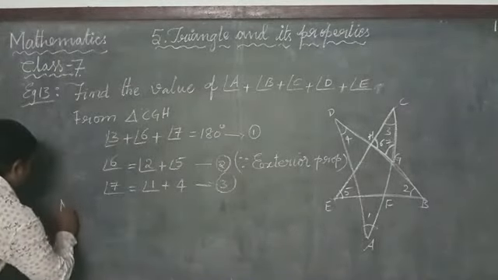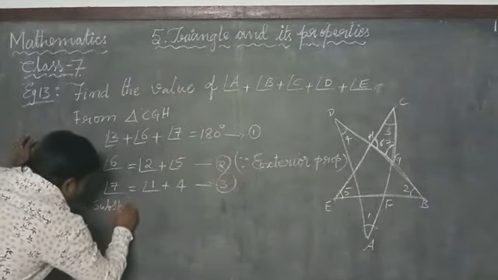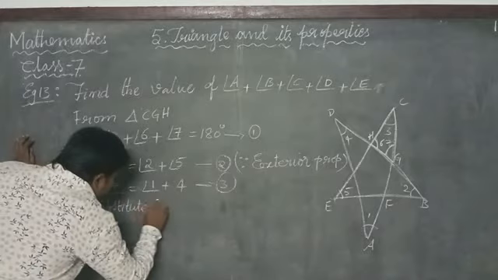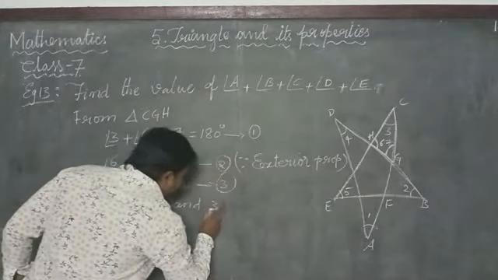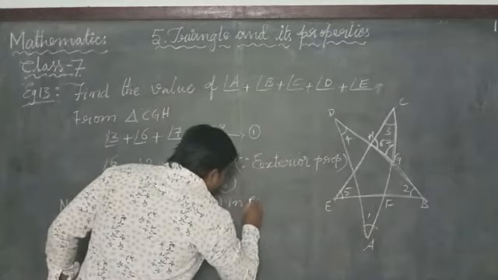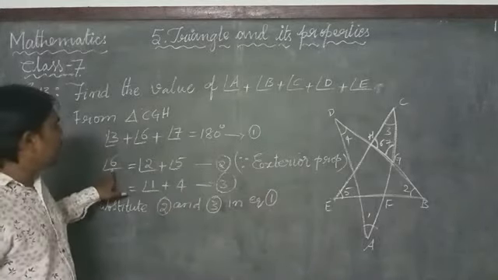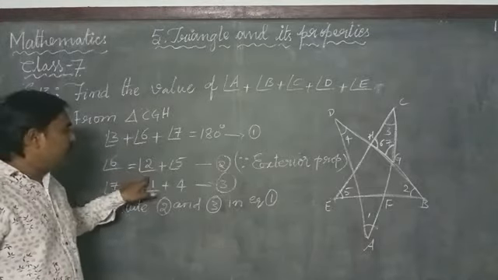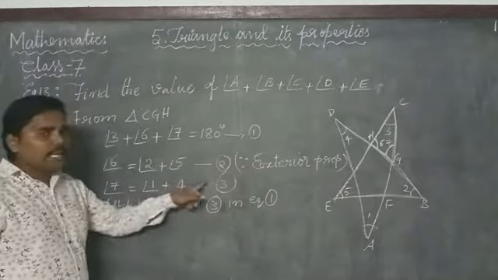Now substitute equations 2 and 3 in equation 1. In the place of angle 6 we write angle 2 plus angle 5, and in the place of angle 7 we write angle 1 plus angle 4.